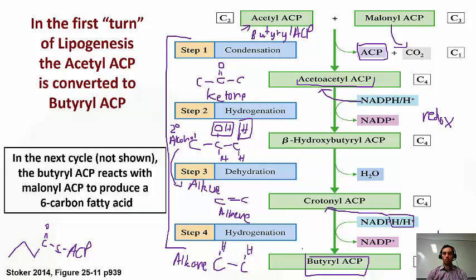So essentially, the end product of lipogenesis can be used to start the whole reaction again to put on another 2 carbons. Every time we do lipogenesis, we're creating these 2 extra carbons that contain single carbon-carbon bonds.